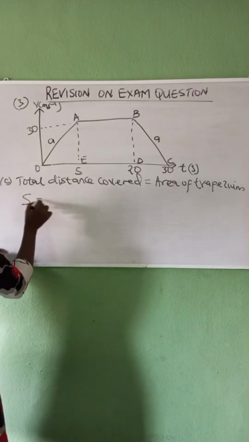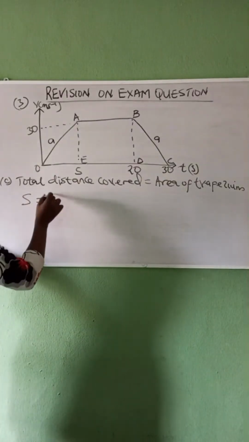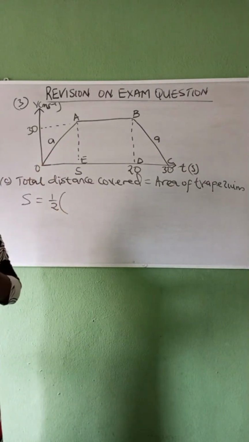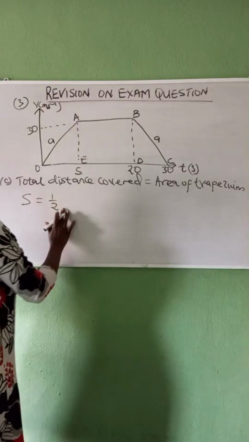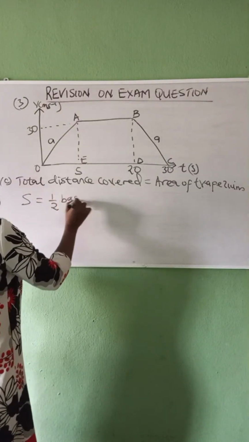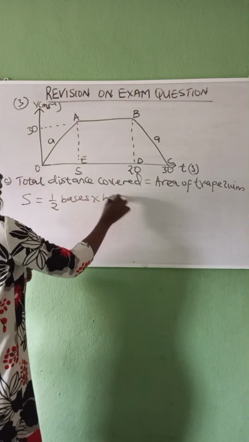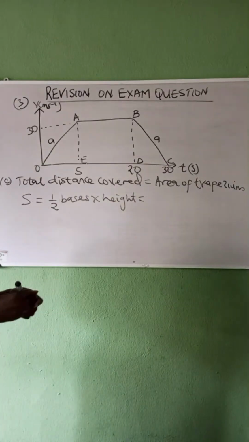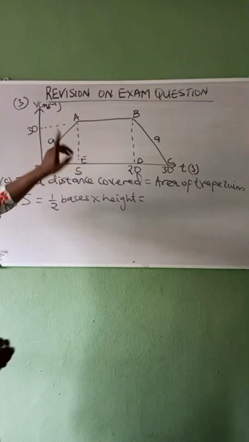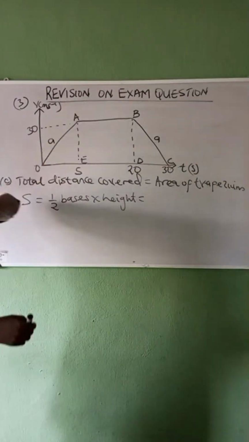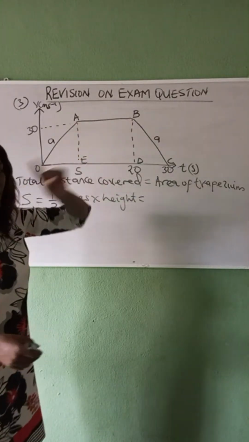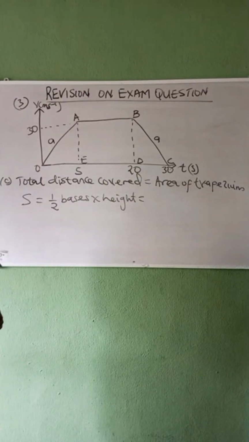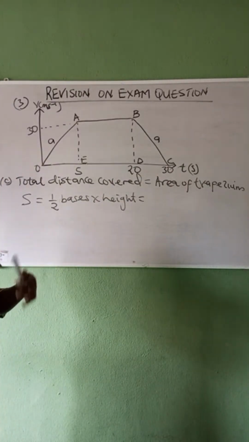Remember, the area of a trapezium is what? Half, brackets, AB. I would say half the bases times the height. Half the bases multiplied by the height. The question is, which one is the base? Base means the horizontal AB. Another horizontal is what? OC. They are classified as bases, right? When they are two, they are bases.